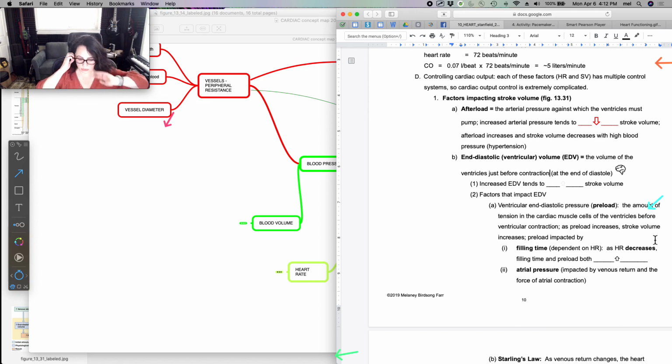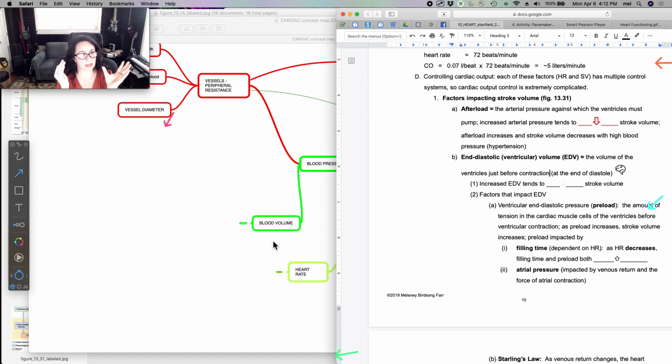So before we get into the nitty-gritty of this, let's talk about what should be true. Let's talk about systole and diastole. Systole is a fancy word for contraction, and diastole is a fancy word for relaxation. So question for you. When should the ventricles be fullest? Should they be fullest at the beginning or end of diastole?